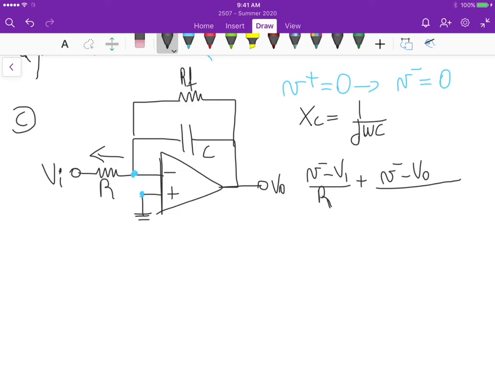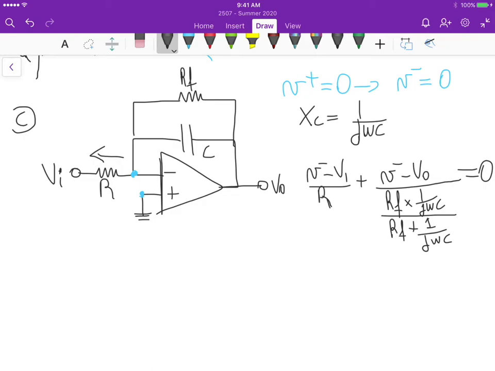So this means that we have RF times 1 over j omega C divided by RF plus 1 over j omega C, and that should be equal to 0, right?